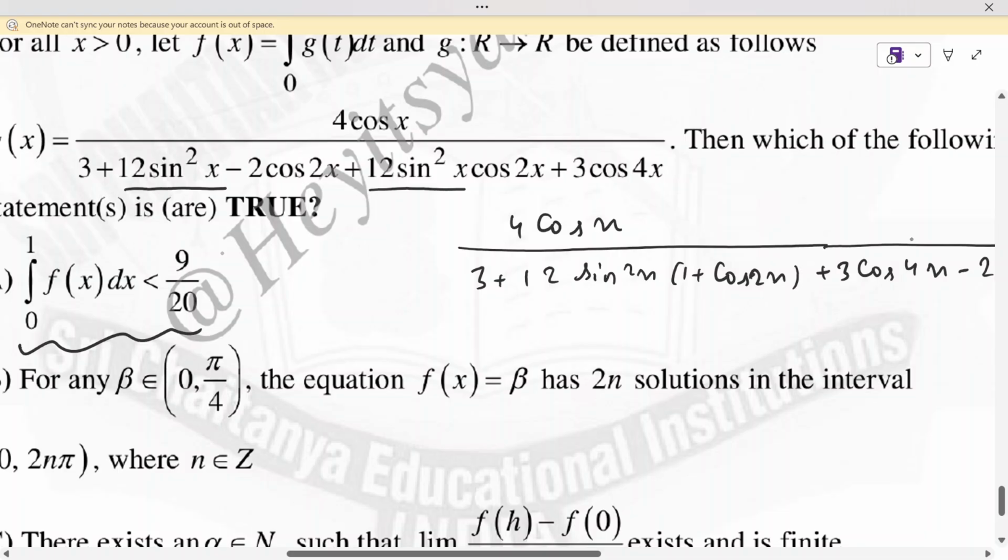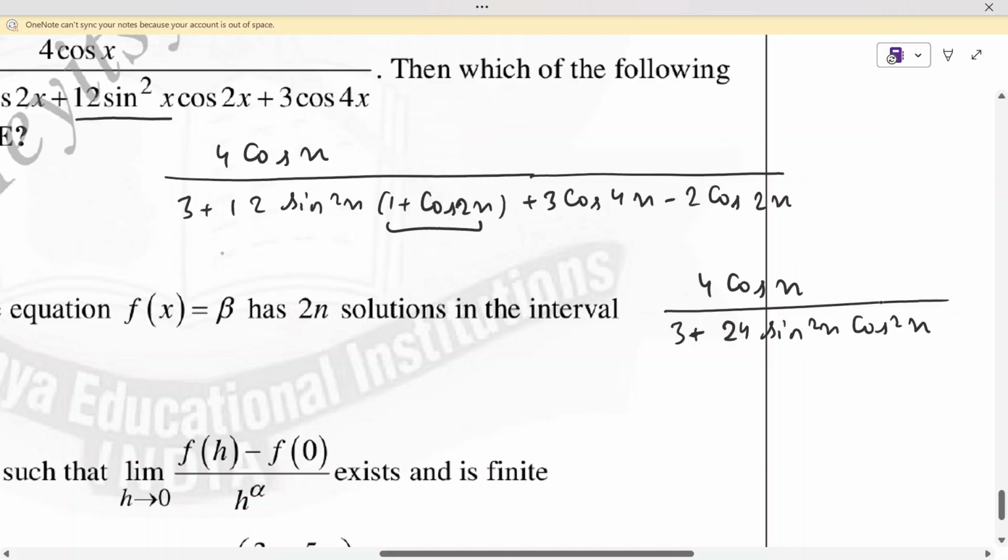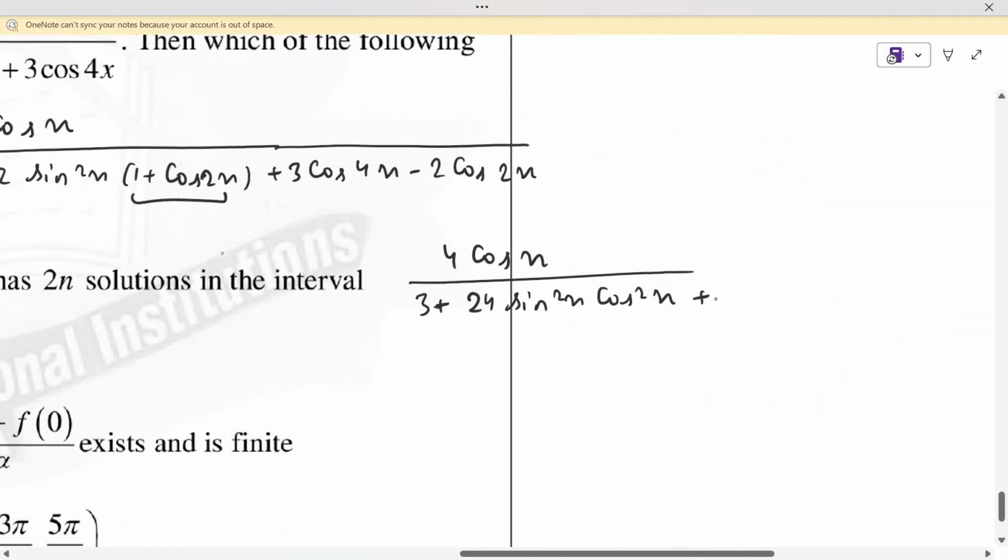So this will be 2 cos square x divided by 3 plus, and this one is 3 cos.